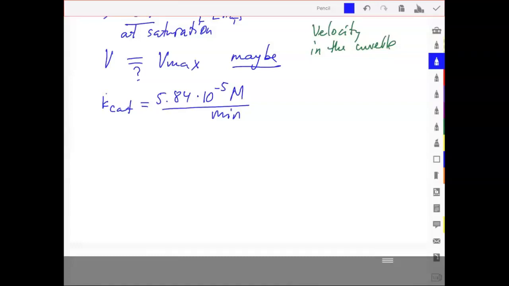And notice if we're working in the cuvette, concentration of active sites is not 14.7. It's going to be 1/10 of that, right? So it's going to be 1.47 because we used 0.1 ml of undiluted enzyme into 1 milliliter of assay.